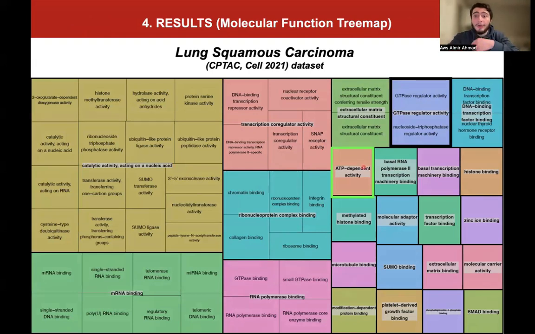Now, is glycolytic sugar metabolism in ATP-dependent activity? Of course, because it uses ATP and it also generates ATP, so it influences other ATP-dependent activities. But it is also important to mention that this is also not a specific result that is directly related to glycolytic sugar metabolism.